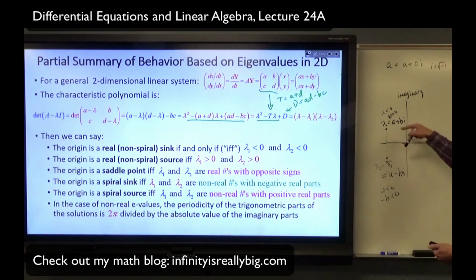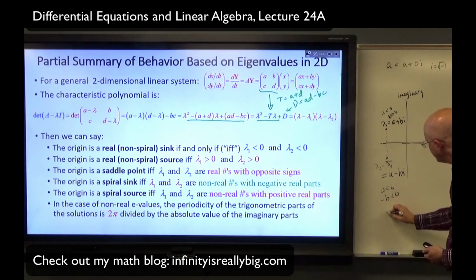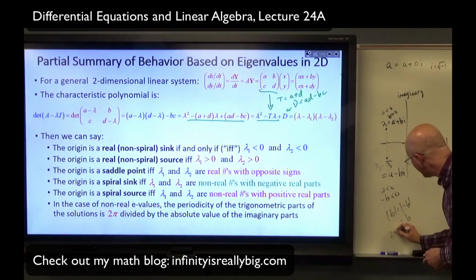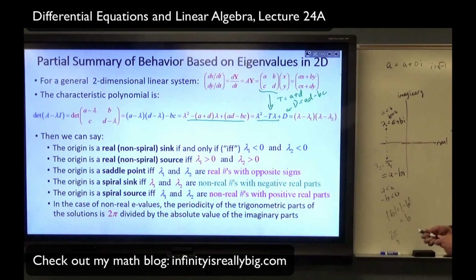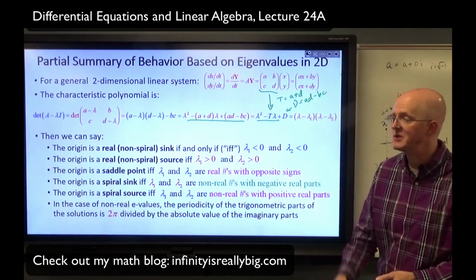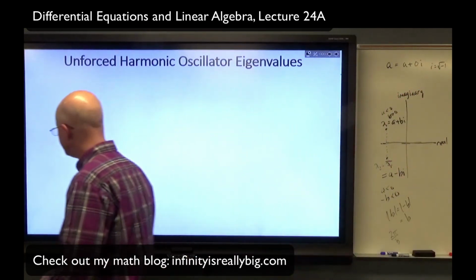So, if these are your non-real eigenvalues here and here, the absolute value of the imaginary parts in both cases, the absolute value of B, which is the same as the absolute value of negative B, is B itself if I assume B is positive. 2 pi divided by that is going to be the period of the cosine and sine terms in the formula for the solution. Okay? And we saw that. I'll re-emphasize it here now as we get into our harmonic oscillator examples.